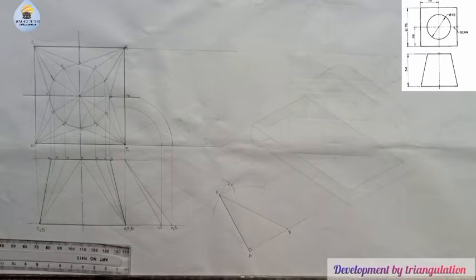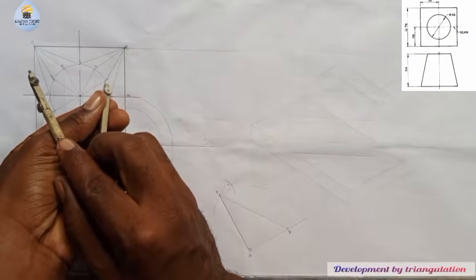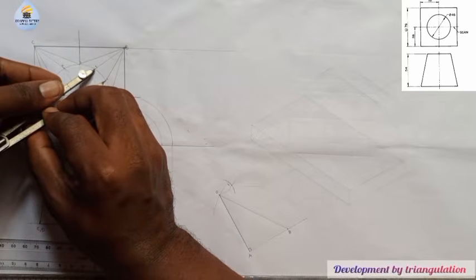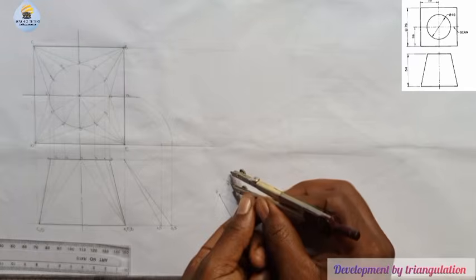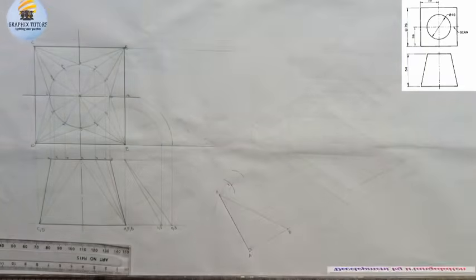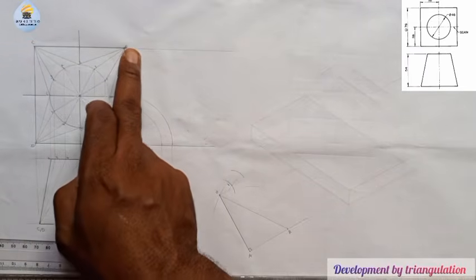I'll come again. I'll go from 1 to 2, right? This is 1 to 2 here. I'm going to come to 1, and I'm going to strike a point this way. Now the next one is B to 2.